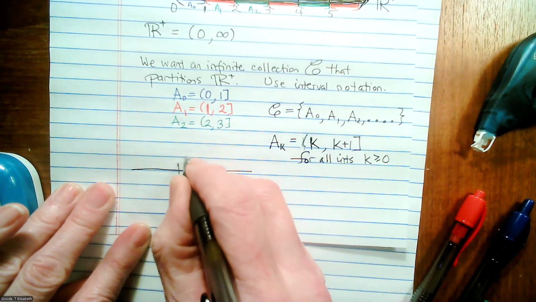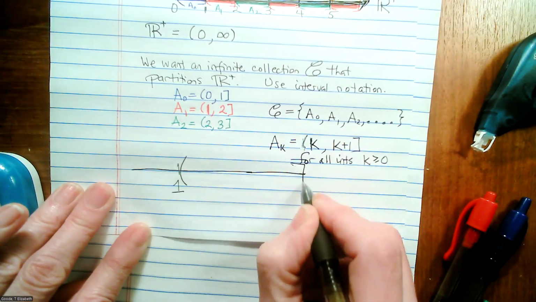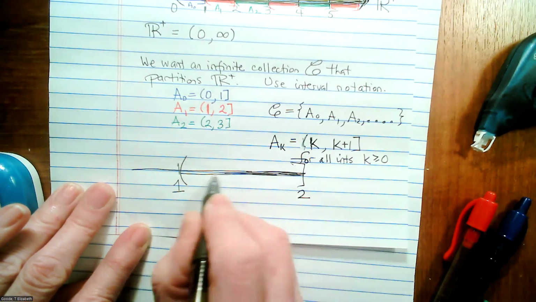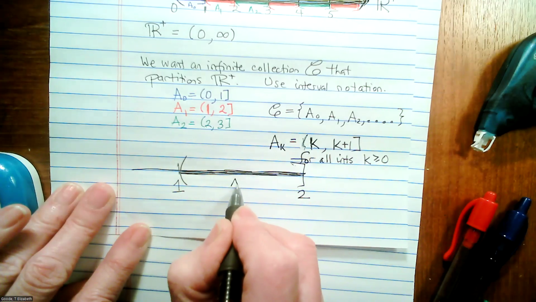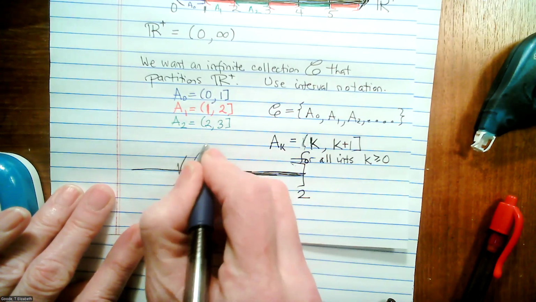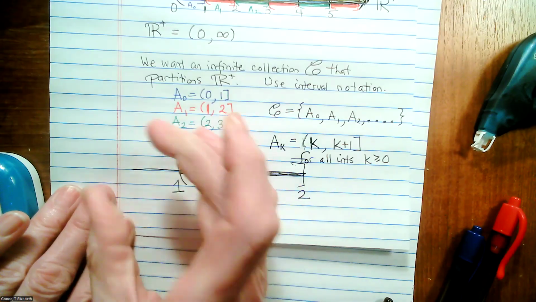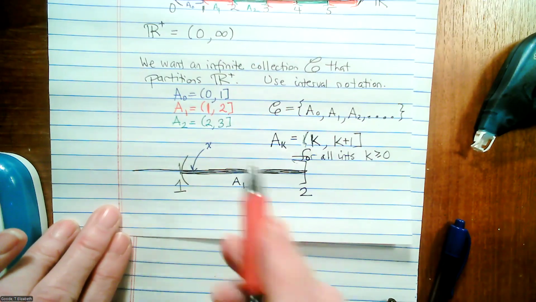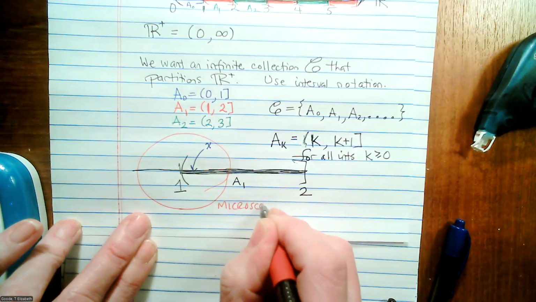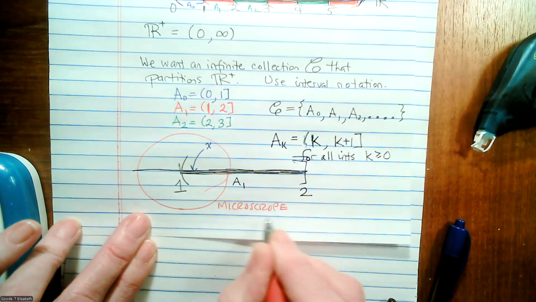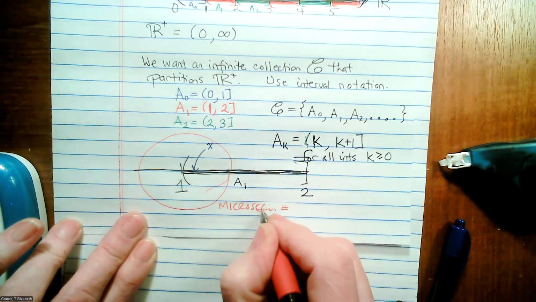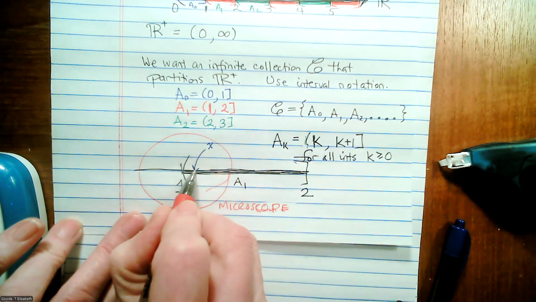So here's 1. Let's just make it really big. Here's 2. So here's all the elements in A1. The minute you think that you have found the smallest element in A1, let's say you've picked this element X, I can get my microscope out and zoom in, and I can see that there's a lot of space between X and 1.